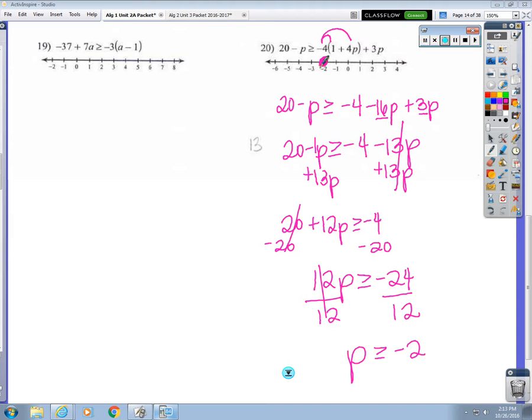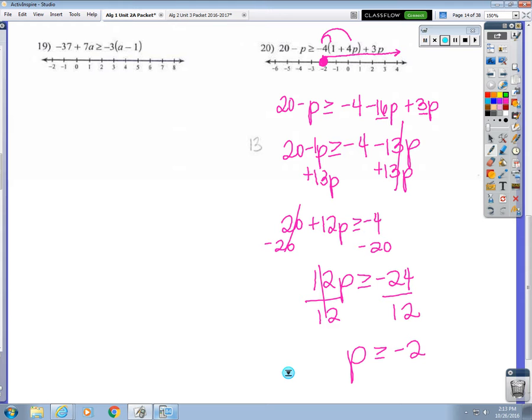That means that negative 2 is actually one of the solutions. Like if you plug negative 2 in every single p up there and worked it all out, it would make a true statement. Okay? Also, what else are solutions besides negative 2? Anything greater than that, which is to the right. Numbers like negative 1, 0, 1, all the way to infinity.